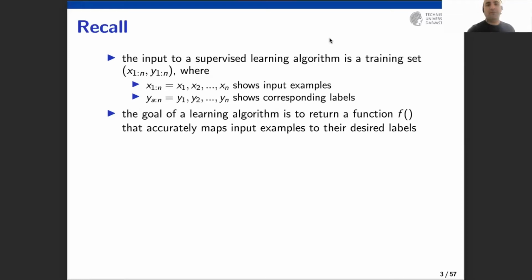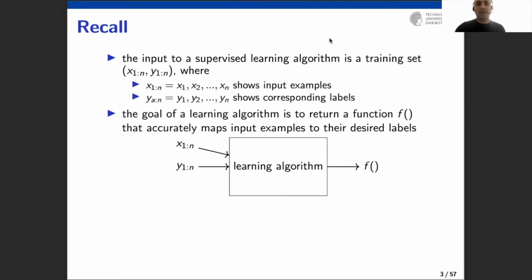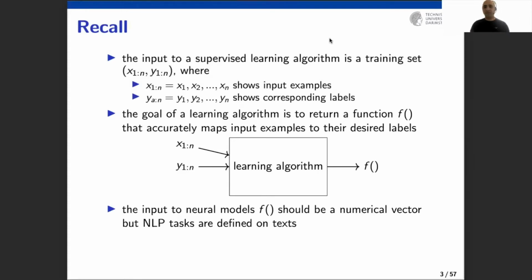So if we are given a data set like X and Y, the task of the learning algorithm is to return a function like f that maps X's to Y's. So this is the main concept behind any learning algorithm.